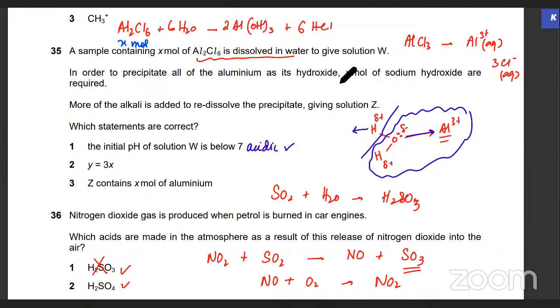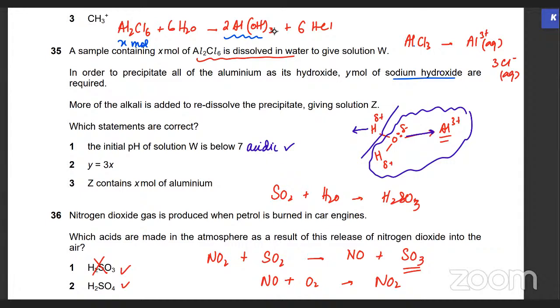If you want to precipitate all of it, you need 6 OH ions. So for the reaction to happen more quickly, he wanted it to get precipitated quickly, so he added Y moles of sodium hydroxide. To form aluminium hydroxides, if you're adding NaOH, you would need 6 OH ions.